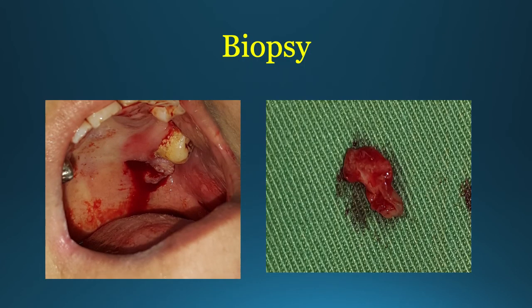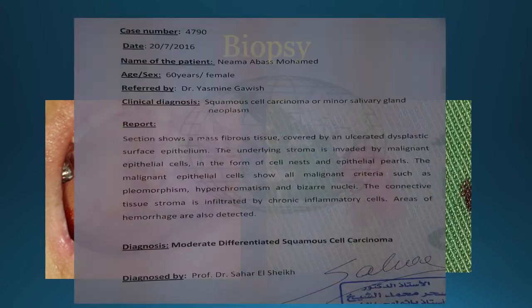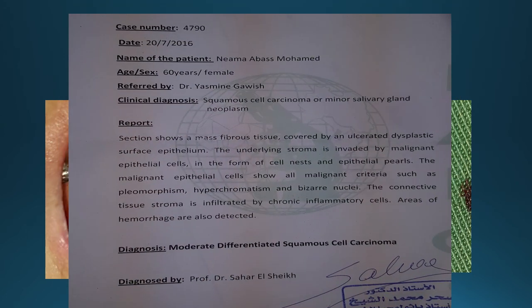And here is the biopsy. Actually, I feel it was a very deep biopsy, maybe also related to the greater palatine artery. Anyways, here is the report of the biopsy. We have a moderately differentiated squamous cell carcinoma.